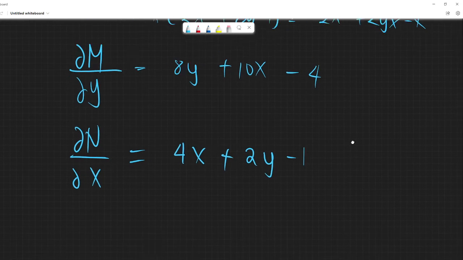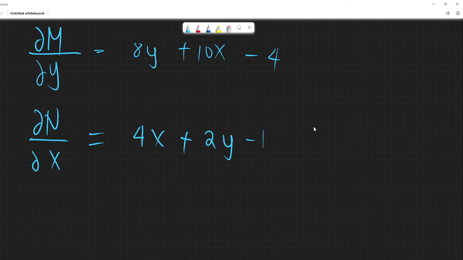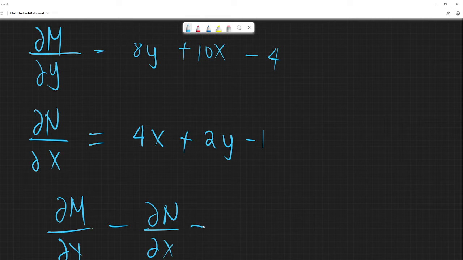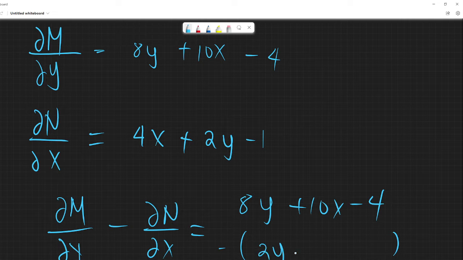After getting the partial derivatives of the functions, we will subtract them from each other. So the partial derivative of M in terms of y minus the partial derivative of N in terms of x is given by 8y plus 10x minus 4, subtracted by 2y plus 4x minus 1.